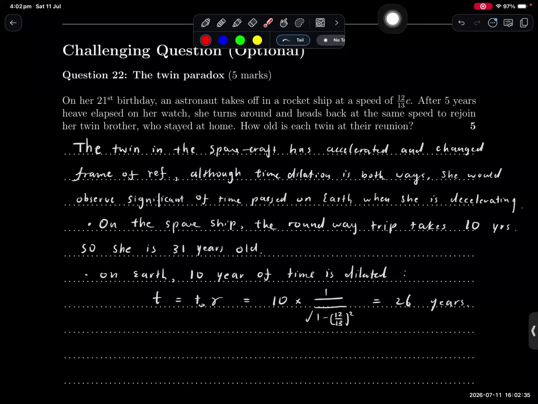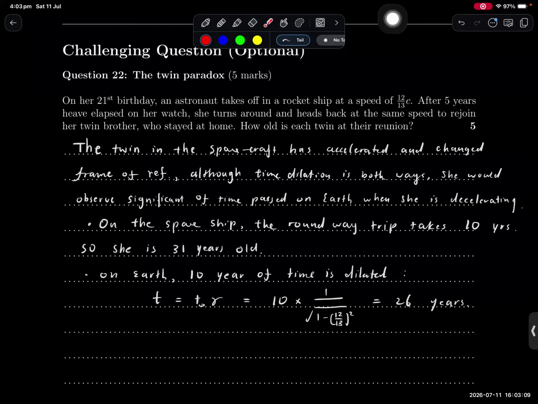Although she also sees that the time on Earth is dilated, because she has reversed her direction, there is an acceleration going on, and it's a change of frame of reference. While doing the deceleration or turning around maneuver, you would observe a lot of time has passed during that maneuver.